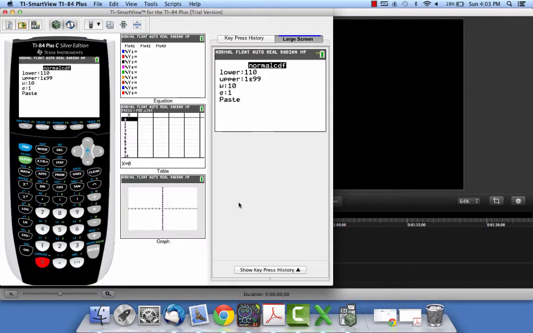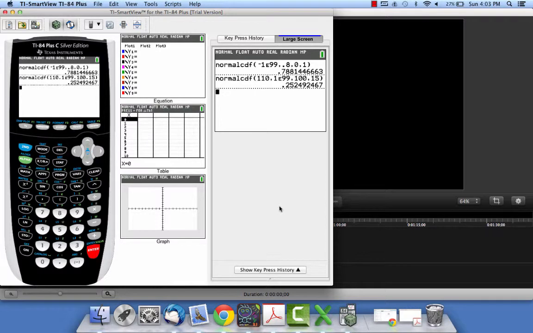And the mean of that is 100. Of course, you would have been given that, and the SD is 15. Okay, so this is what you do when it's not already Z, when it's just a value and you know the mean and the standard deviation. So you get that the probability someone's IQ is greater than 110 is 0.25. Okay, so that's how you use normal CDF.